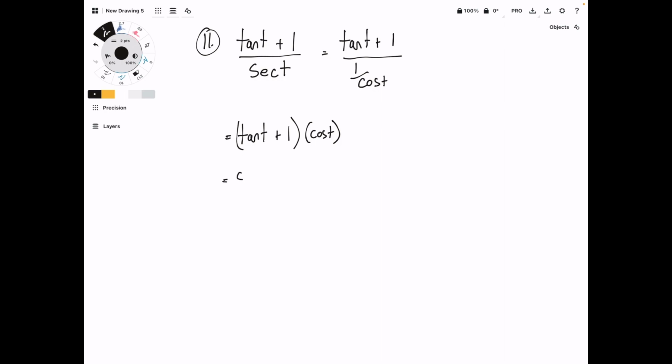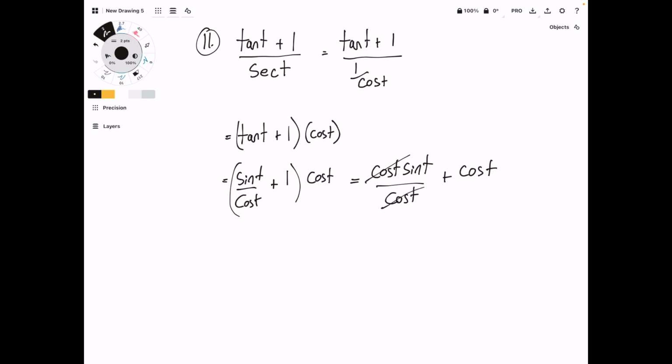Tangent is sine over cosine, so this is going to be (sine t over cosine t plus 1) times cosine t. And then we're going to basically distribute that cosine. So we're going to have cosine t times sine t over cosine t plus cosine t. Cosines here are going to cancel, and we're going to be left with sine t plus cosine t.